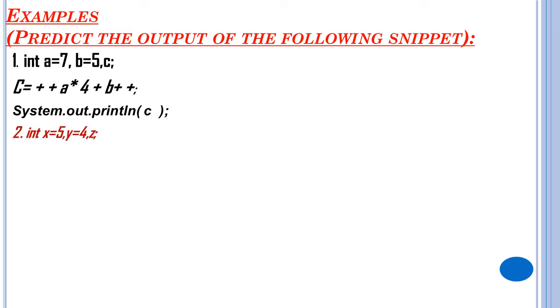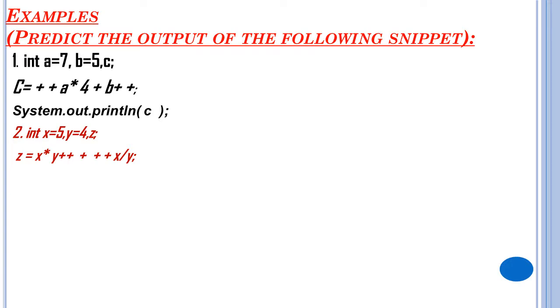Second example, int x equals 5, y equals 4 and z. You are going to calculate z equals x * y++ + ++x / y. It is the postfix y plus, and x plus is the prefix of x, divided by y. First here the x value will be 5 for the first, it will multiply with y++, which is the postfix.